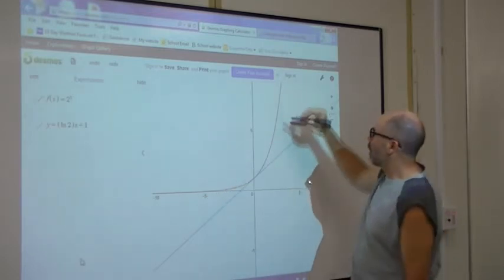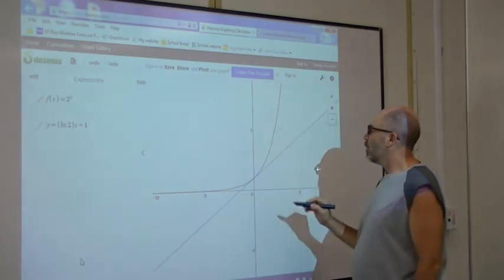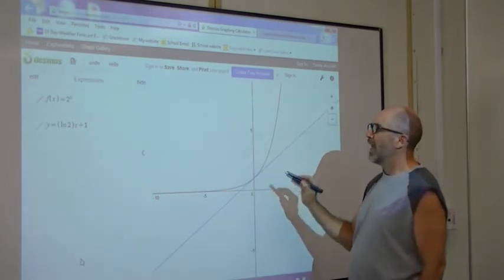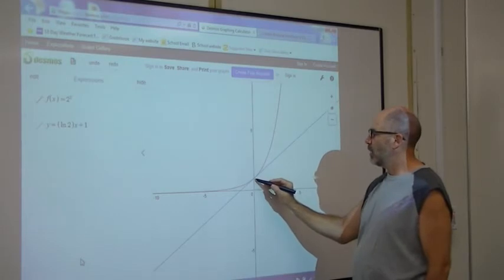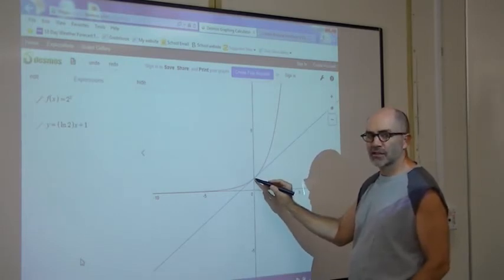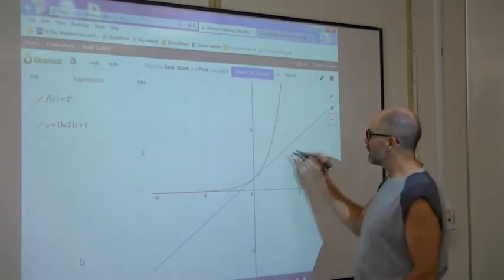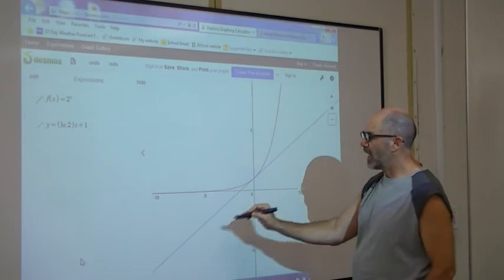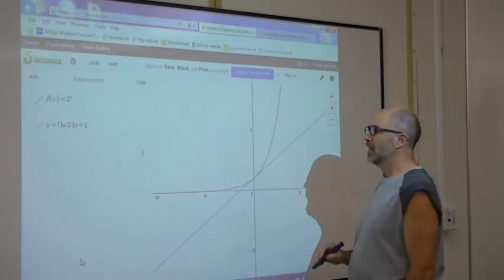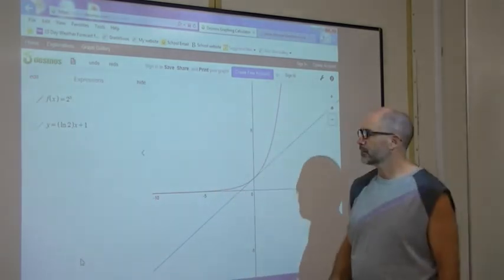So it's our standard y equals 2 to the x graph. Now we're looking for f prime of 0, which means the slope of the tangent at x equals 0. So we're looking for the slope of that blue line, which is the tangent at x equals 0. Notice the slope, natural log 2.